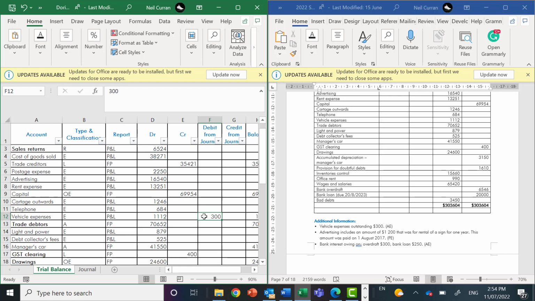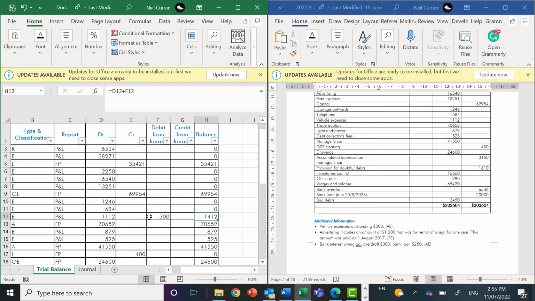So it goes in the debit from journal, and because an expense has a debit nature and this journal is on the debit side, we are going to add this $300 to the already existing amount that we've paid for the year of $1,112. So over here on balance, we're going to go equals 1,112 plus $300.